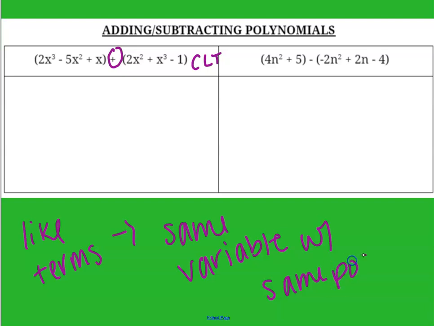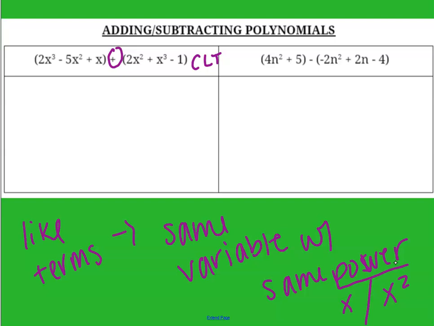So that same exponent. So x and x to the 2nd power are not like terms because they do not have the same power. They're both x's, but they have to have the same power, same exponent to be added or subtracted.